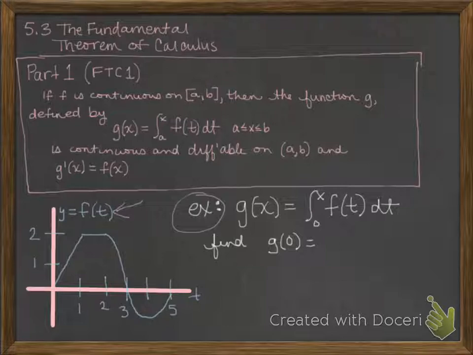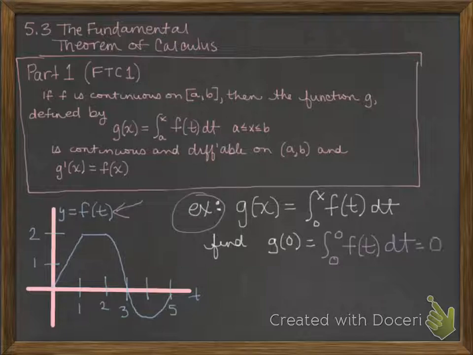So let's look at g of 0. This would mean the integral from 0 to 0 of f of t dt. Well, that would mean the area under the curve of f of t from 0 to 0. Well, that's no area.